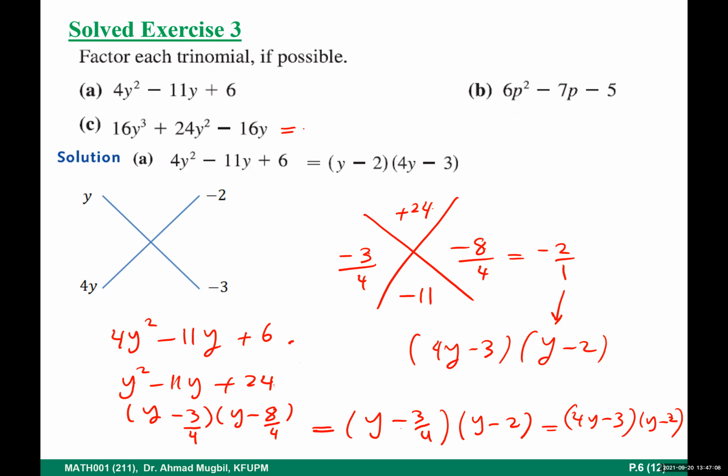And you should factor out the greatest common factor of 16, 24, and 16. What is the greatest common factor? 8y to the power 3, y to the power 2, y. Now what is remaining? 2y squared plus 3y minus 2. Check that you did factor in the right way or not.